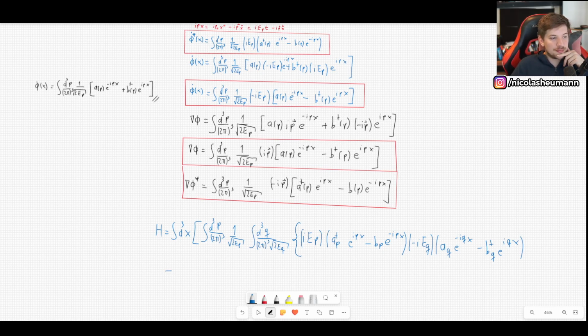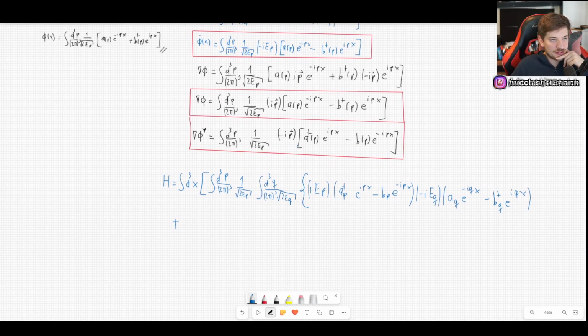Then we have plus, and now what comes next? Now comes the multiplication of these two, the spatial derivatives. So again, just deep breath. Minus ip, and then this thing. The prefactor is already there, that's why we took it out. Otherwise we have to write it down every single time, and that is very annoying. And then we have a dagger_p e^(ipx) minus b_p e^(-ipx).